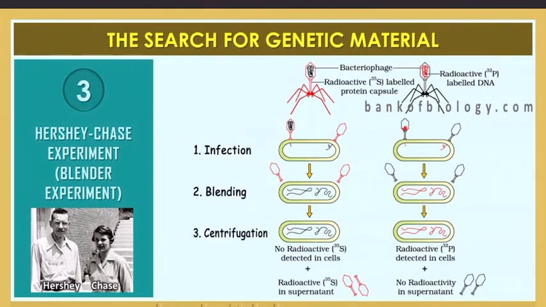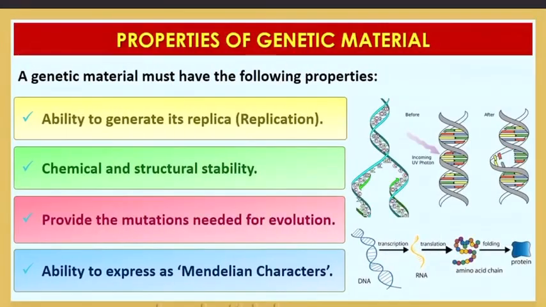S35 is not detected in the cells and is in the supernatant, the upper solution. Whereas the nuclear material from the bacteriophage has entered into the bacteria and we could detect the presence of P32. That means it is DNA which is passing from bacteriophage to bacteria, not the protein. Hence, Hershey and Chase proved beyond doubt that it is the DNA that is the genetic material, right?